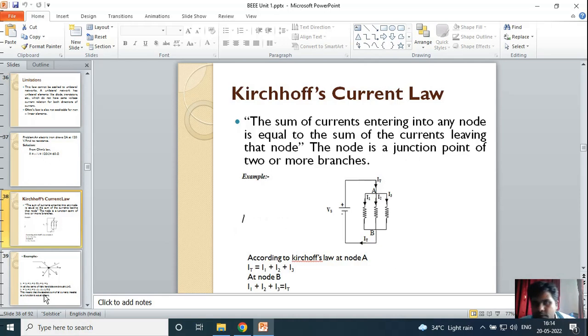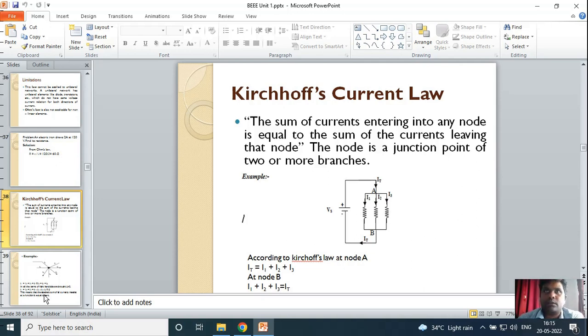Here the node is A, the current entering is IT, and the currents leaving are I1, I2, I3. So IT is the entering current, so IT is equal to I1 plus I2 plus I3. This is an example. In this example, the currents I1, I7, I4, I2 are entering the node.